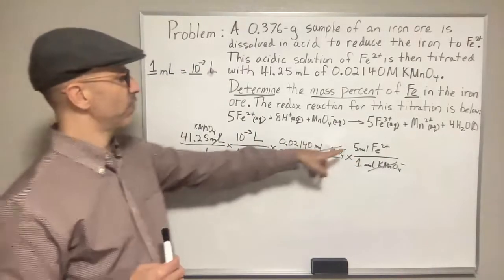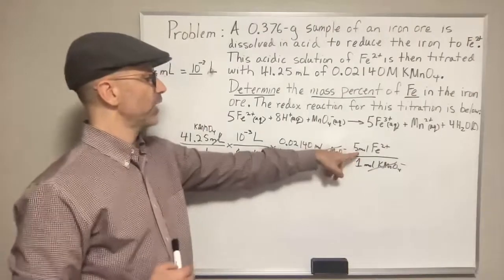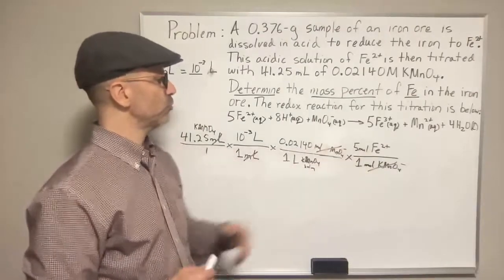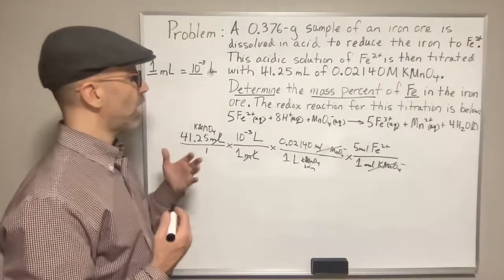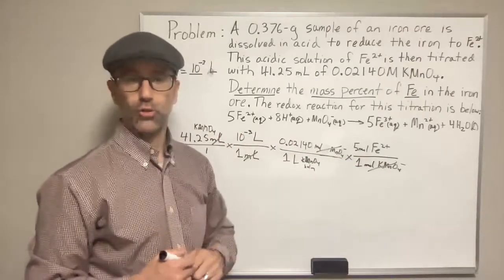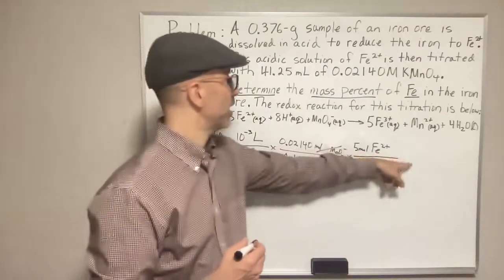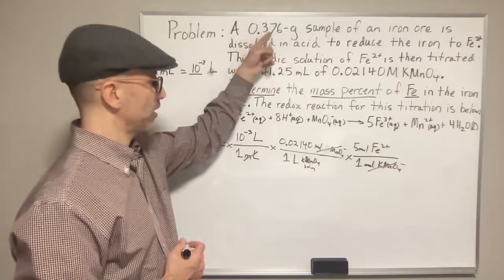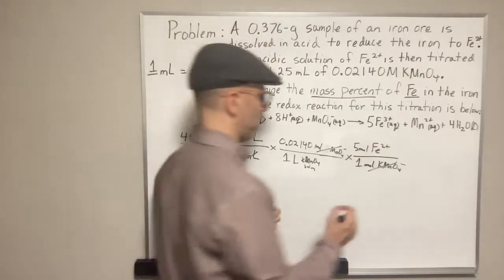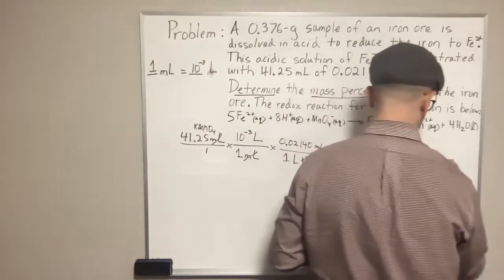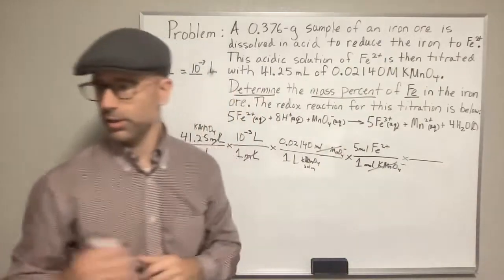Excellent. So now I have the moles. Now I need to convert moles of Fe2 plus to grams. Once I get grams, then I can divide that by the total sample. So let's go ahead and do that. I need the molar mass of iron.